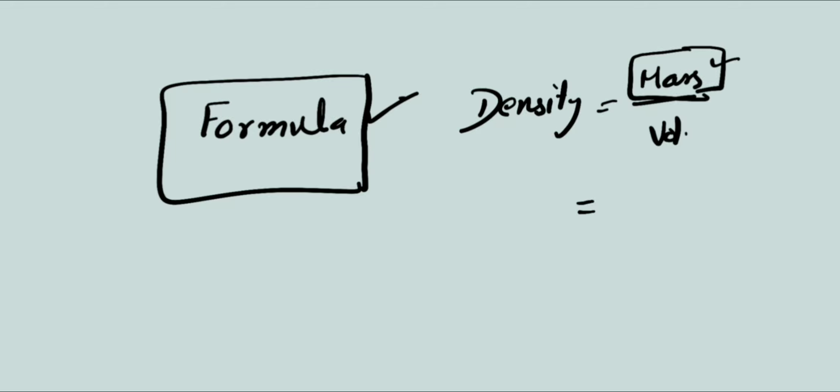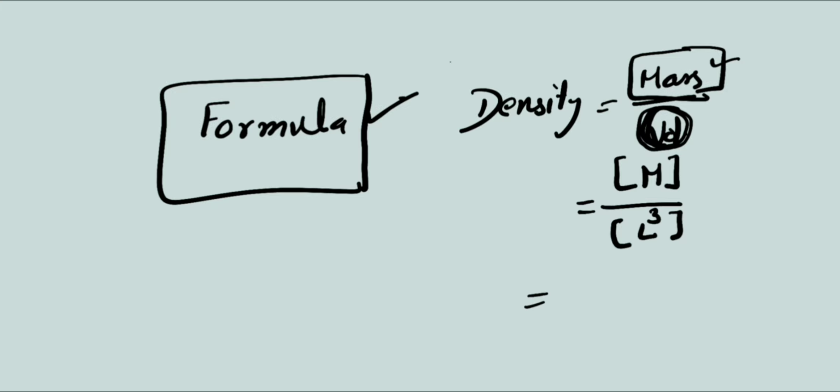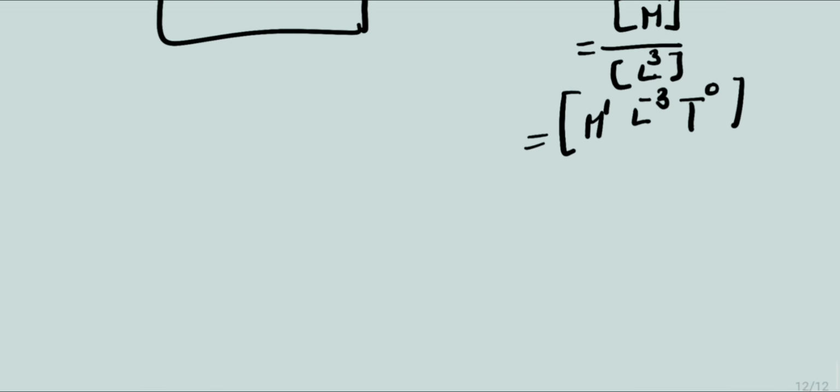The dimensional formula for mass is [M], and for the volume it is L cubed. So we can write the dimensional formula for the density: M raised to power 1, L raised to power minus 3, and we do not have time, so we put T raised to power 0, in square brackets. This is my dimensional formula for the density. Similarly, we can write the dimensional formula for, let me take, force.